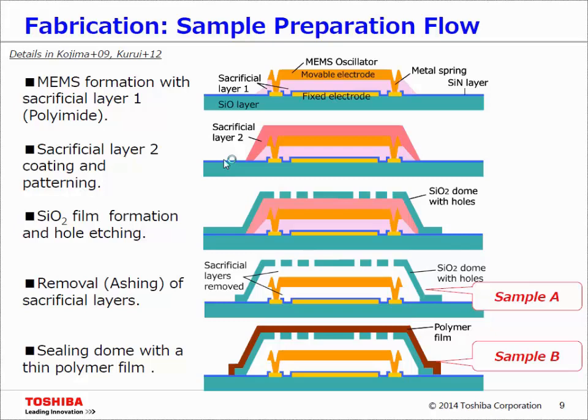The point here is that I'm going to open the dome with holes by an etching process. Then I'm going to get rid of the sacrificial layers inside by the etching process. Here comes the sample called sample A. In this way, the MEMS oscillator is interacting with the air inside and outside. The next sample is one where we're going to seal this dome with the specimen polymer film.